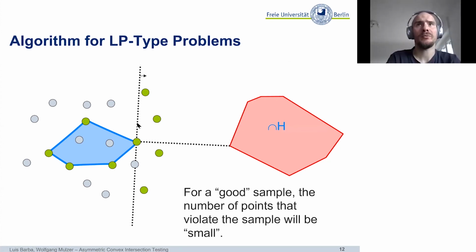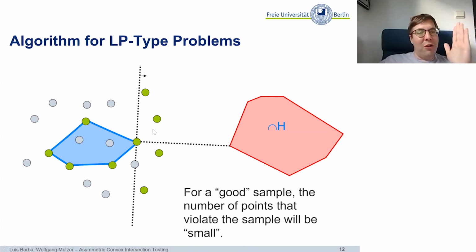Now my claim is that, since I'm looking for the facet of the whole polytope that minimizes the distance, at least one of the points that violate this half space has to be on this facet.